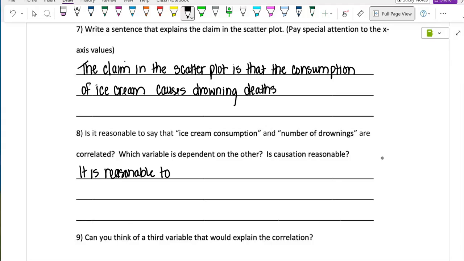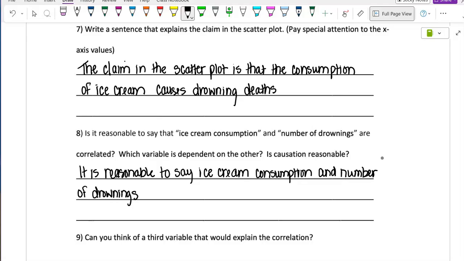to say ice cream consumption and number of drownings have a positive correlation. What variable is dependent on the other?